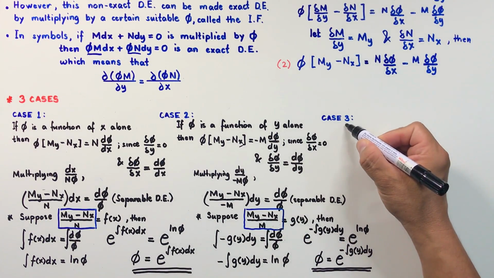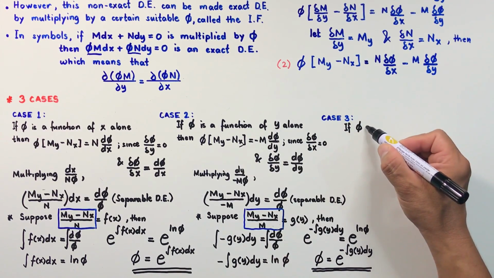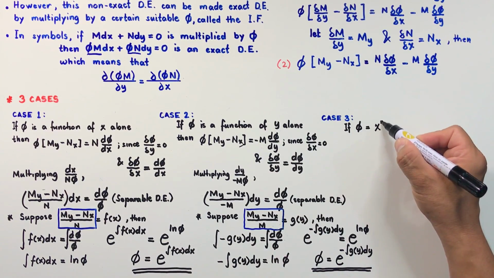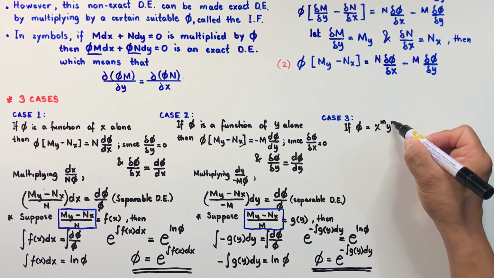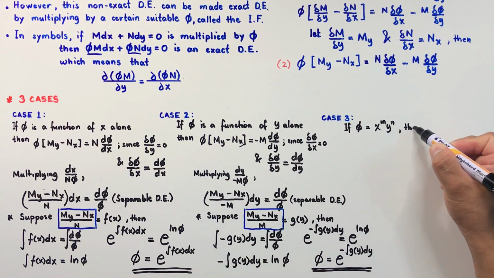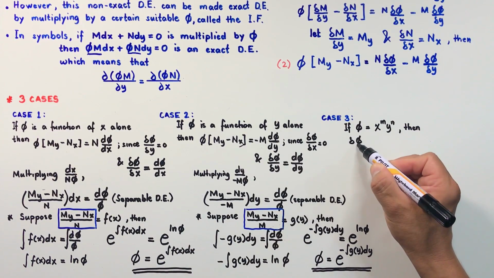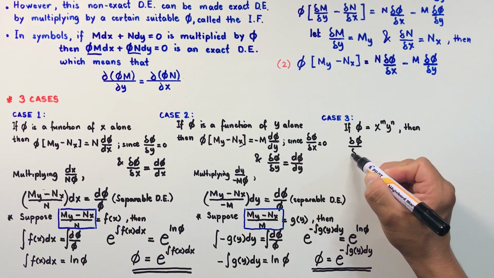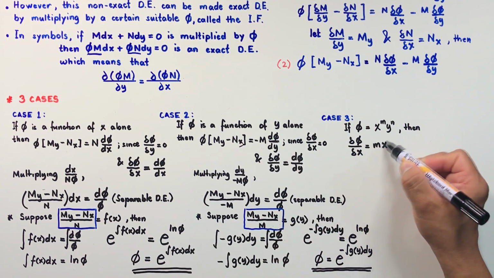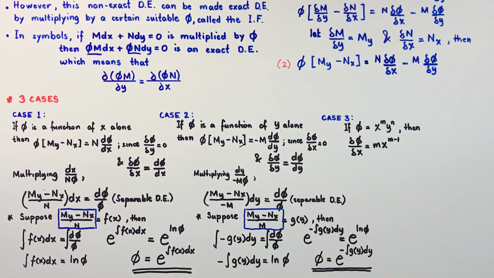But if the phi function is not in terms of x alone or not in terms of y alone, but it's a product of some powers of x and some powers of y, then taking the partial derivative of this phi here with respect to x is equal to m x to the power m minus 1, using the power rule for x to the power m.